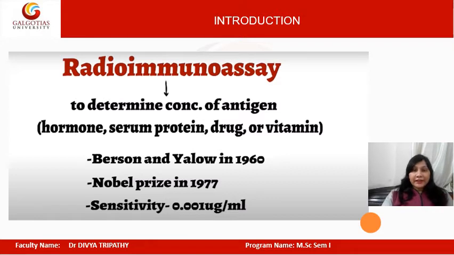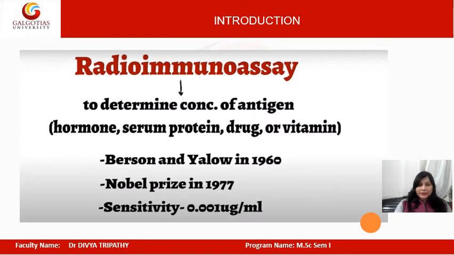This is a technique given by Berson and Yalow in 1960 for the quantification of foreign bodies in the human system or human body. These scientists received the Nobel Prize in 1977, but unfortunately after their death.